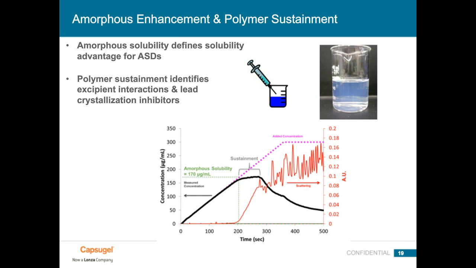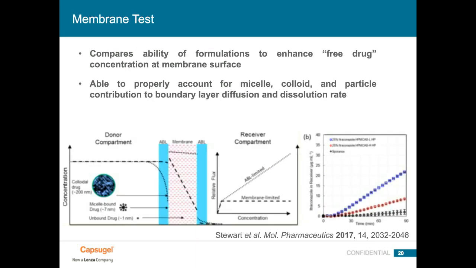And then once we've formulated, we have several different options for tests. Of course, many of our standard dissolution tests, non-sink and sink dissolution tests, which I won't mention here, and I'll instead mention a few other more specific ones that we use in particular cases. So one of the tests that we like to use is what we call a membrane test, or sometimes referred to as a flux test, where the drug formulation is put into one side of a vessel, which is separated by a membrane from what we call a receiver compartment.